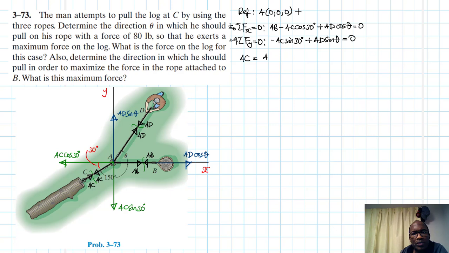We know that AD is the force that is being applied, AD is equal to 80 pounds, so AC is equal to 80 sin theta divided by sin 30.